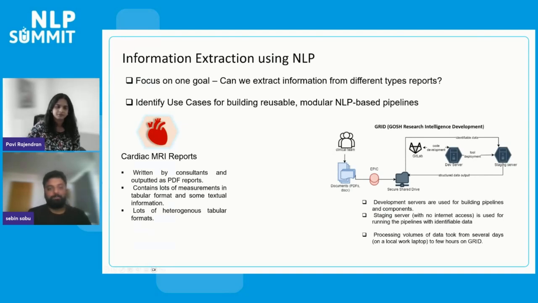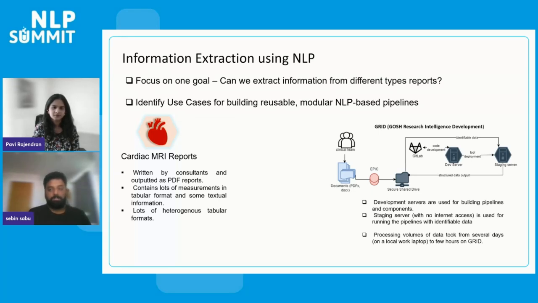Hello, thanks, Pavi. So, one of our focuses was whether information extraction is possible in a hospital context using natural language processing. The hospital has a lot of reports which were accumulated over a long period of time with a lot of very valuable clinical data, which is not available in a structured format.